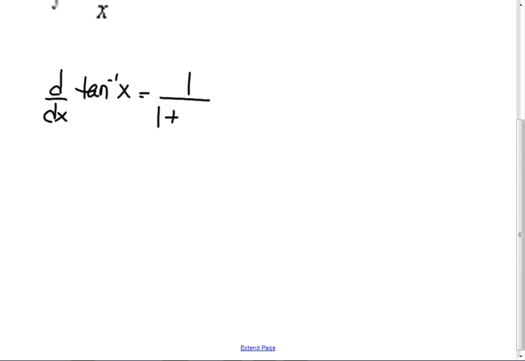Do you recognize what's special about 1 over 1 plus x squared? I need a series for it. What series is that one? It's 1 over, it's the geometric one.